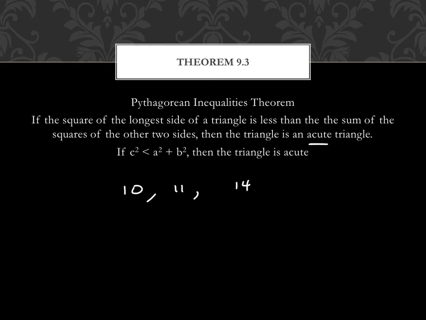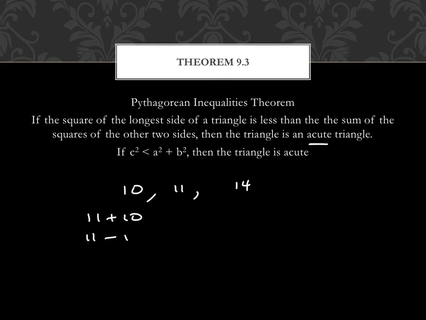Now, before you even try to test out to see what type of triangle it is, you really should test to see if these numbers even form a triangle. So for example, remember that test was to take the numbers and add them and subtract them.